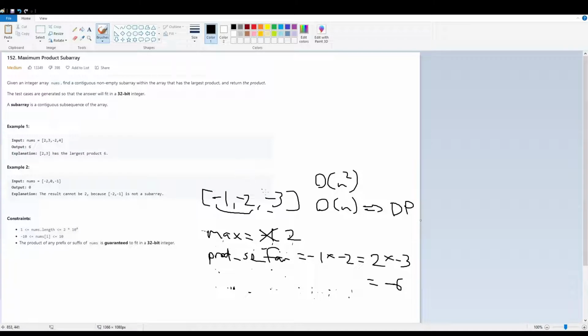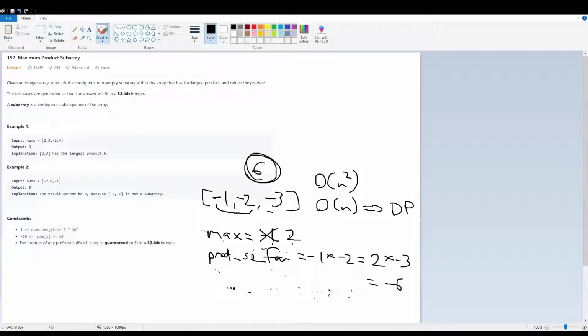But we can see the maximum product is actually 6. The answer is 6 in this case. But we calculated it to be 2. Why is that?